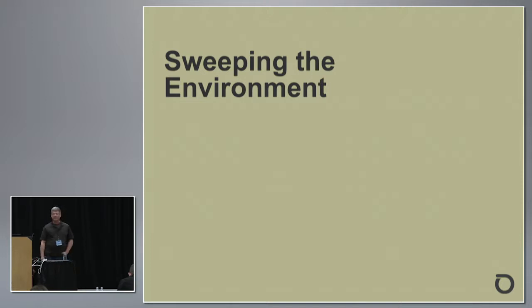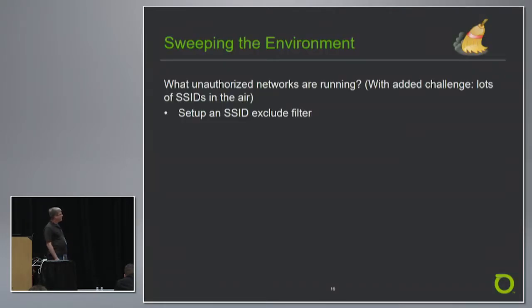They were testing in stadiums, and they said they wanted to sweep it to make sure that there were no unauthorized networks running. And so we added an exclude filter on there. So if you need to know what unauthorized networks are running, and there's a lot of SSIDs in the air, then you would basically set up an SSID exclude filter.